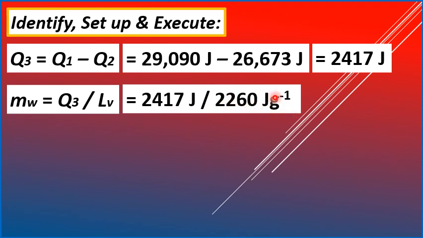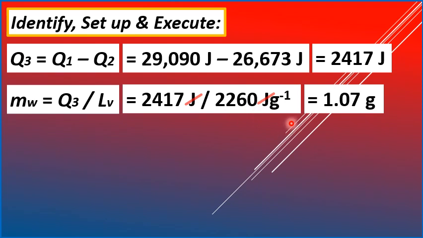So this is the value of the latent heat of vaporization of water at 100 degrees Celsius. Dividing these two quantities, we get the mass m sub W equal to 1.07 grams. In other words, 1.07 grams of boiling water will in fact be converted into steam, a steam that has a temperature of 100 degrees Celsius.